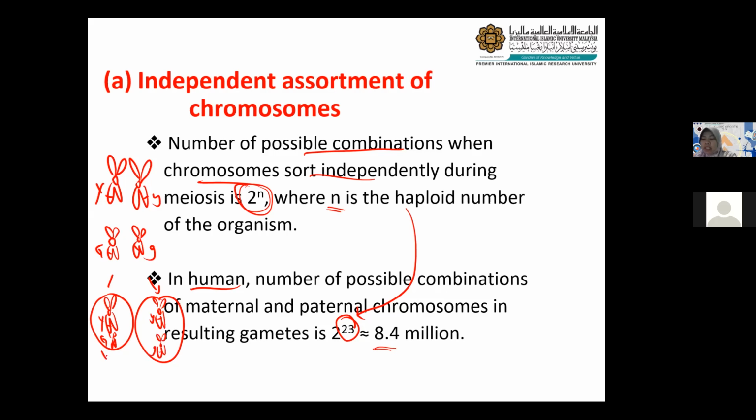So the first combination is capital Y, capital G gamete, and the next one is small y, small g. Okay, these are the first two combinations of gamete.